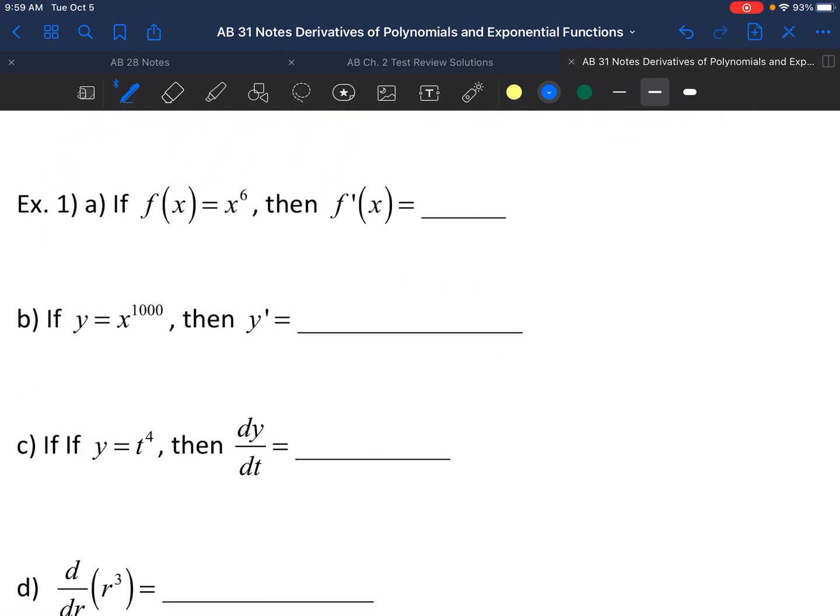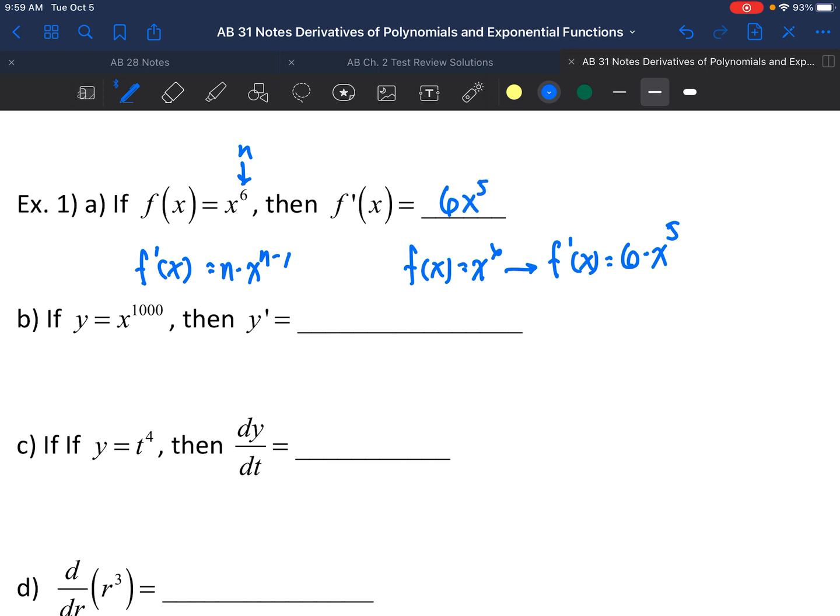What that means here now, x to the 6th, well, that's n. So applying this rule, f prime of x is going to be n times x to the n minus 1. So if f of x is x to the 6th, that's going to give us f prime of x is going to be multiplied by the exponent, 6 times x to the 6 minus 1, which is 5.